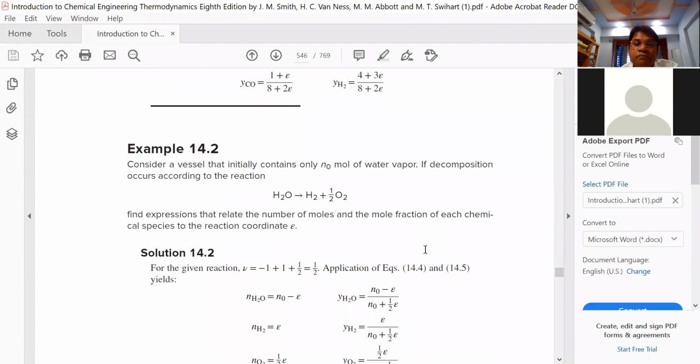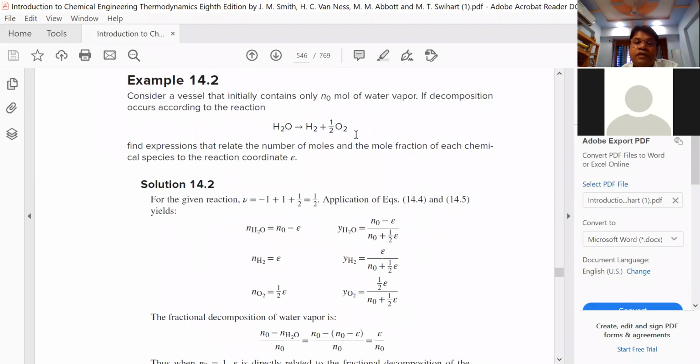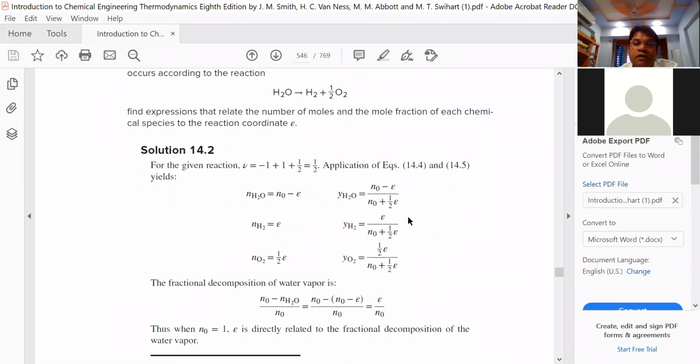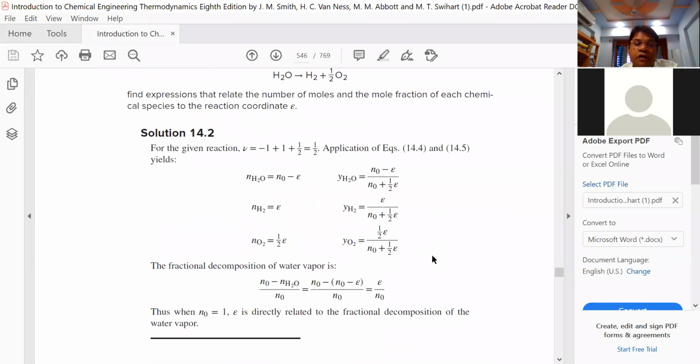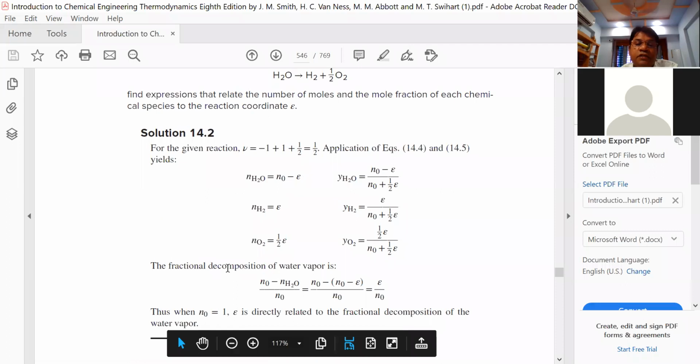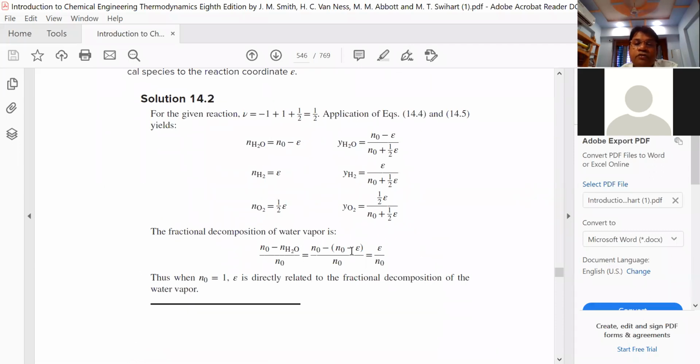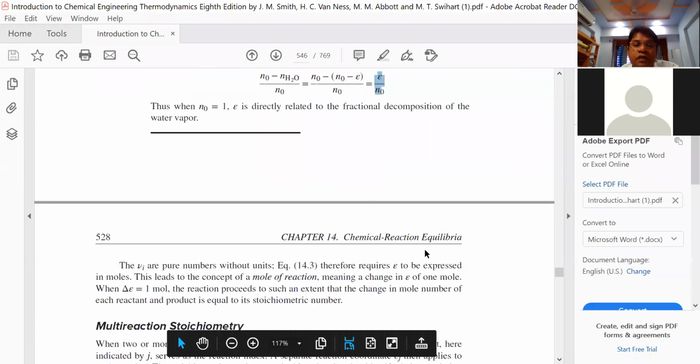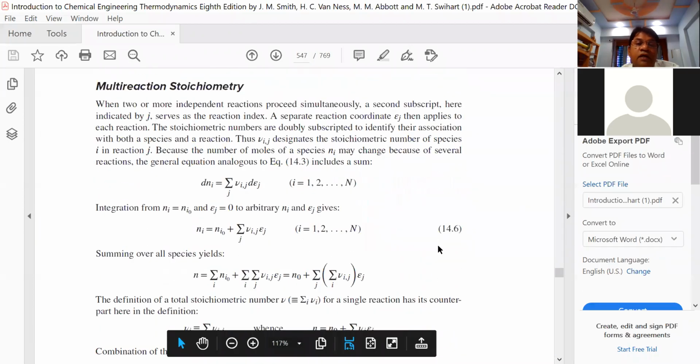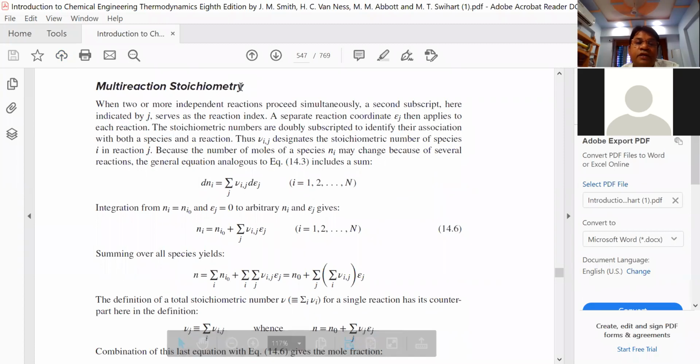In another example, the water dissociation reaction, you calculated how much water decomposed. That means the fractional decomposition of water. Also, you expressed it in terms of extent of reaction. Okay. So now let us see multi-reaction stoichiometry.